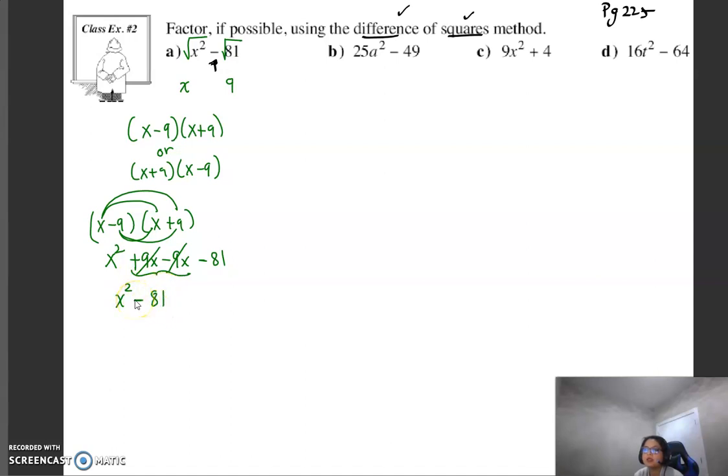How did I just end up with a negative? It will always be negative because the negative and the positive will give me a negative. That's how you get the difference of squares. If you had two positives, guess what would happen?